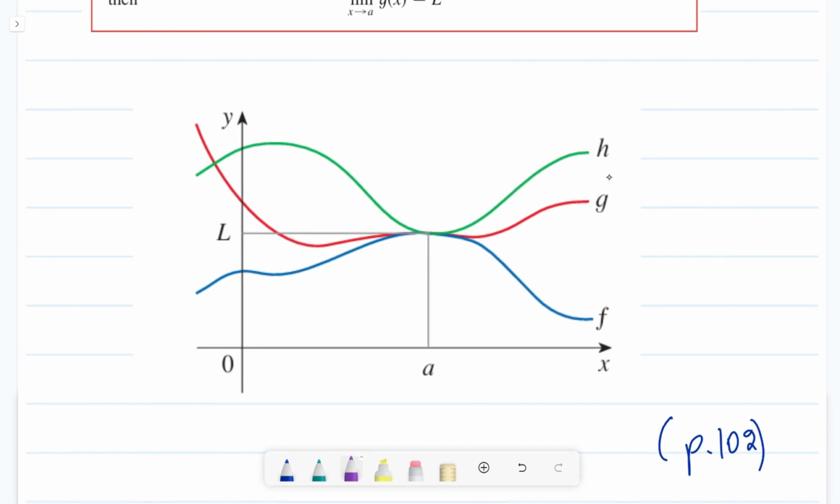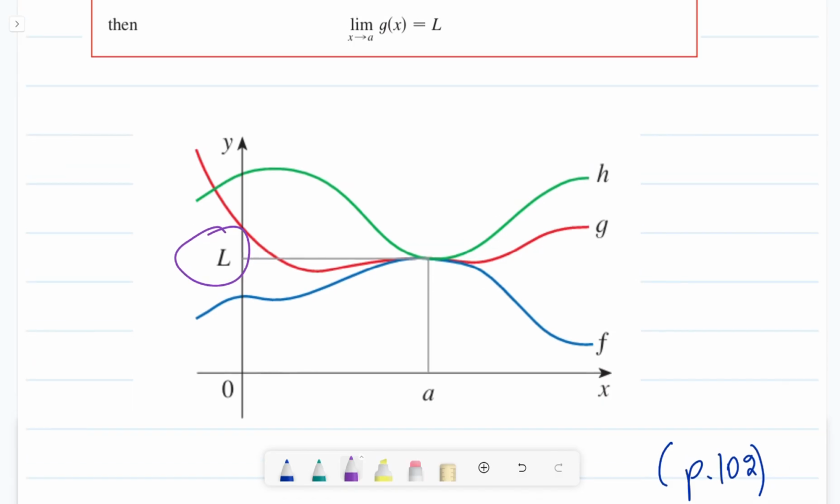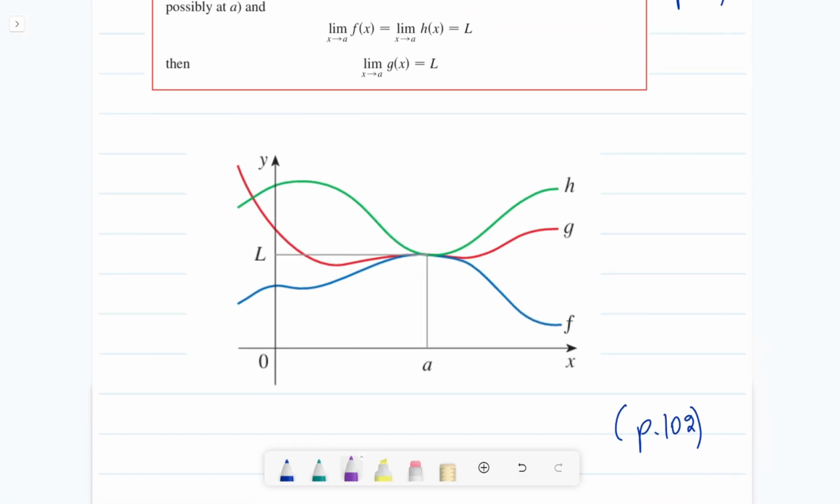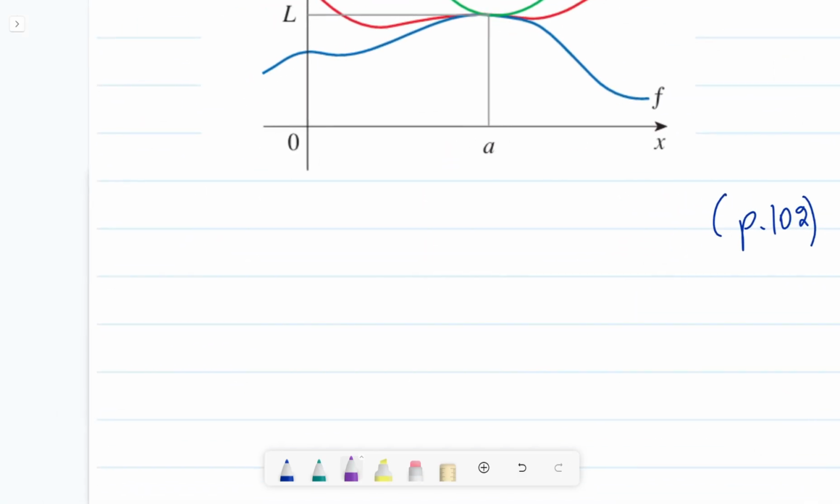Now, if the limit of h of x as x approaches a, which is this point here, is equal to L, and the limit of f of x as x approaches a is also equal to L, since g is between f and h, we can say that the limit of g of x as x approaches a is also equal to L.